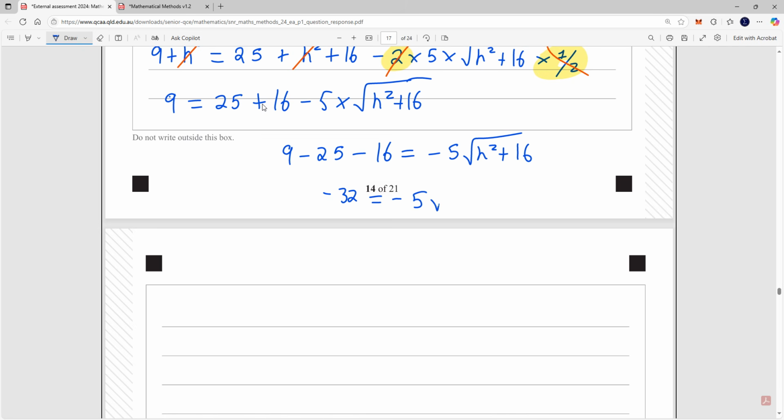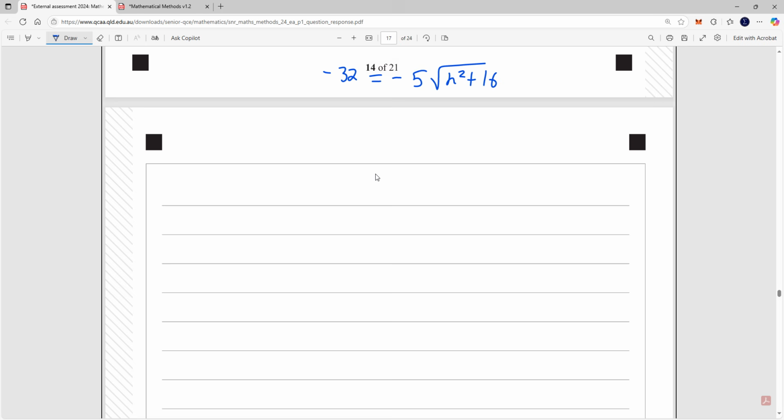Let's move it down: negative 32 equals negative 5 square root h squared plus 16. Divide both sides by negative 1, so 32 equals 5 square root h squared plus 16. Divide by 5.